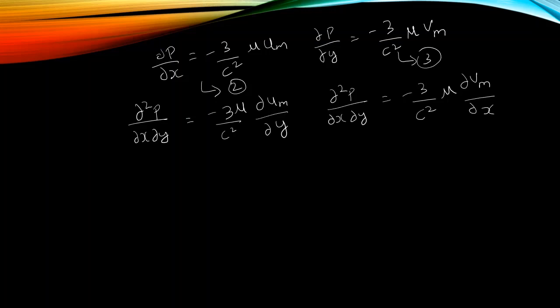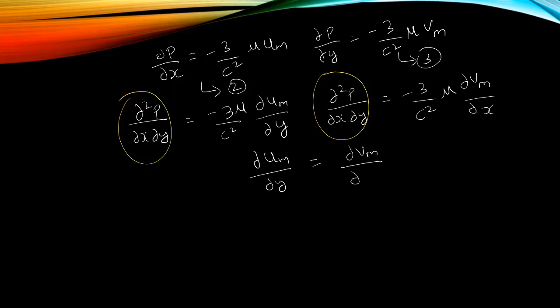Now we have the left hand side terms. Left hand side terms both are common. So on equality you may write this equation as dou um by dou y is equal to dou vm by dou x, right? And then according to the streamline equation we have to mention u.